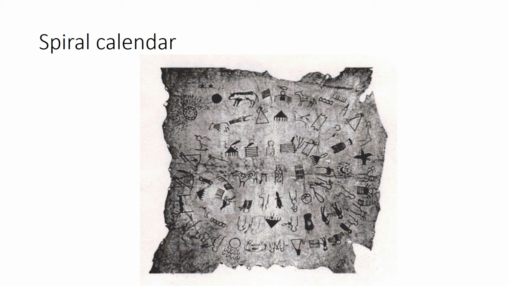And you'll notice it's not in a straight line, it's a spiral. And you will see that spiral representing time all throughout both North and South America. It's not a straight line that keeps going backward and keeps going forward.